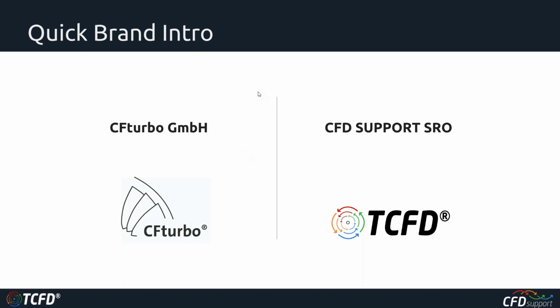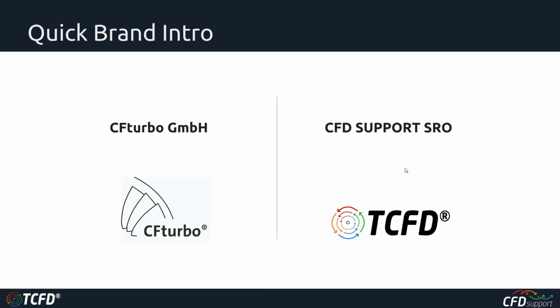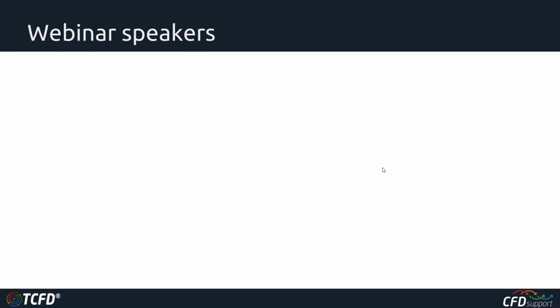I guess you know, but still, CFturbo is a German company that produces a turbomachinery design tool called CFturbo, the same name. And CFD Support is a Czech company that produces an automated CFD tool called TCFD.